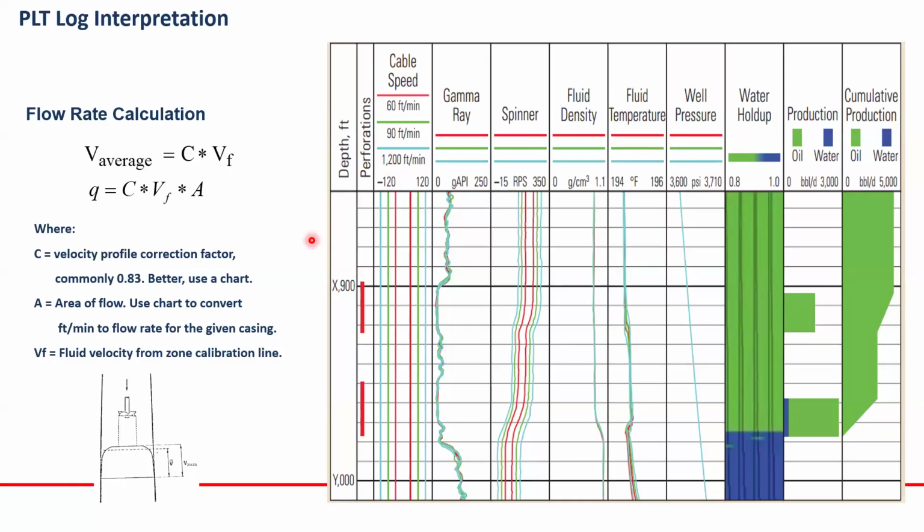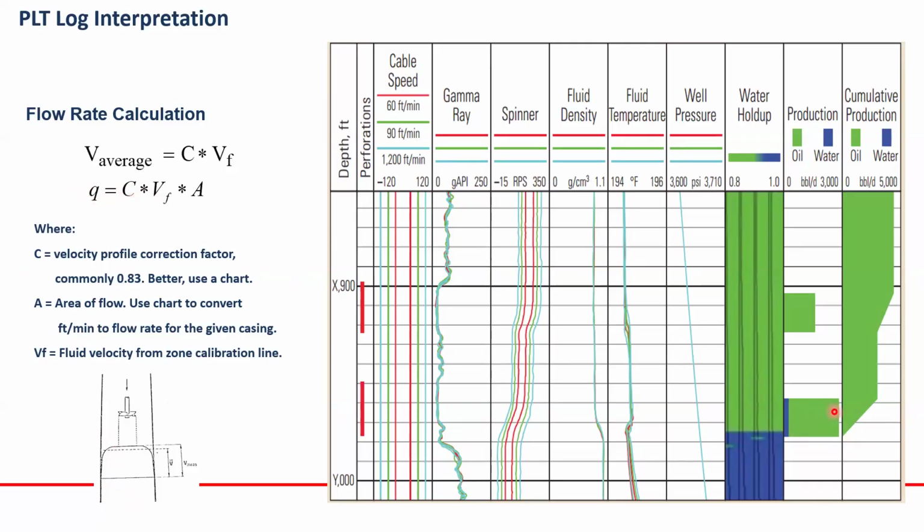So what I said is that the Q, the rate, equals area multiplied by fluid velocity. This fluid velocity is not the maximum, not the minimum, it's the average velocity. From this, we can define the rate from the spinner velocity.